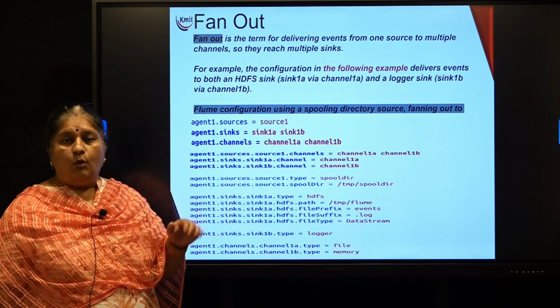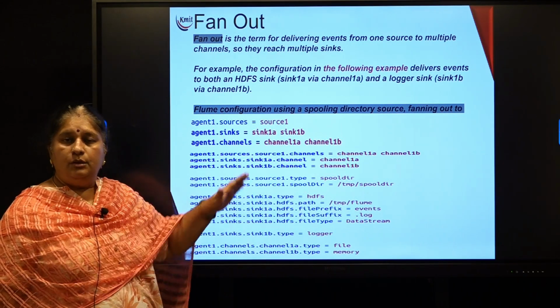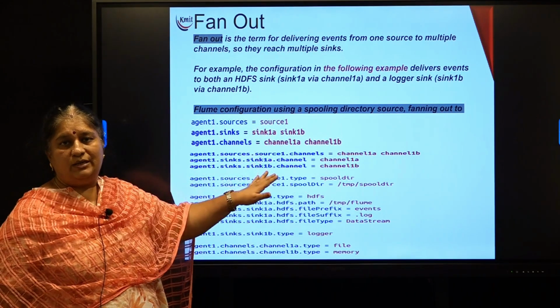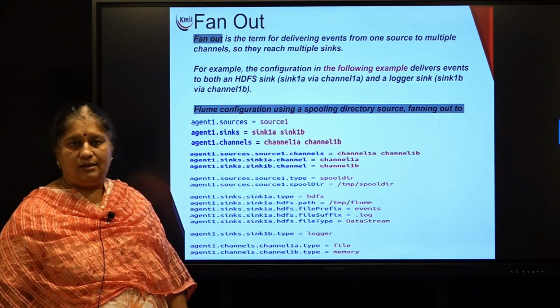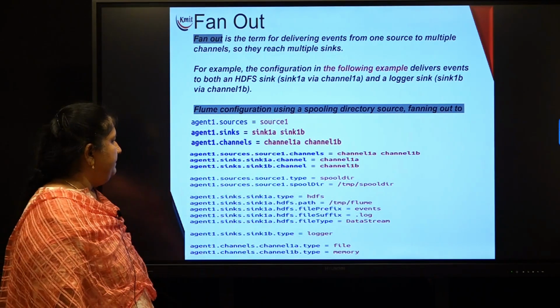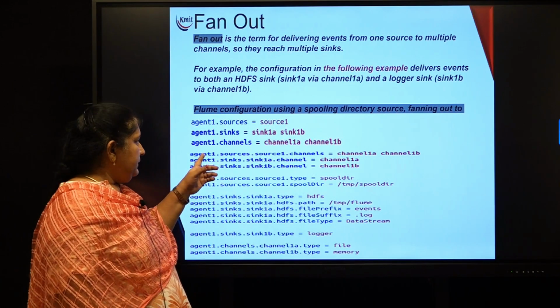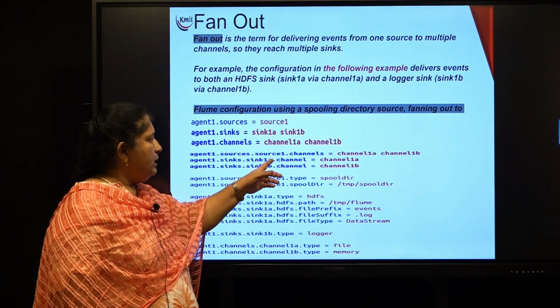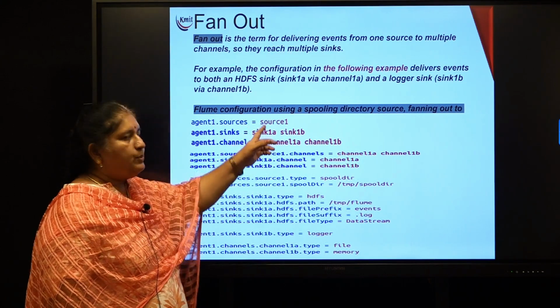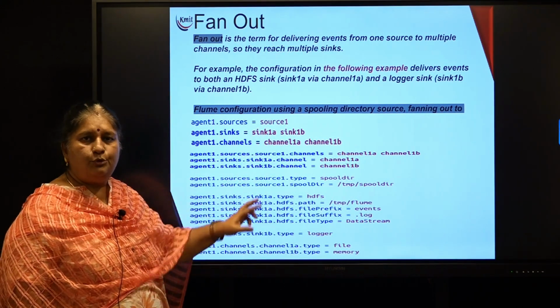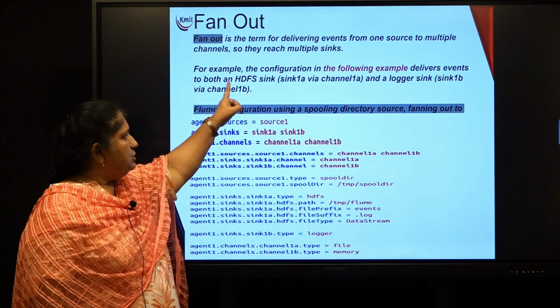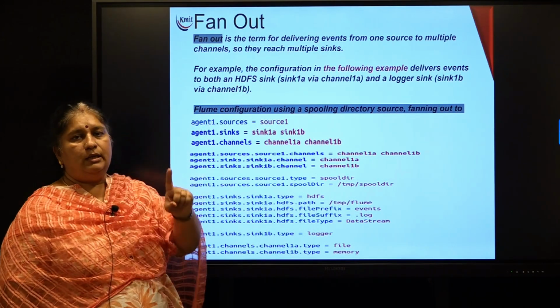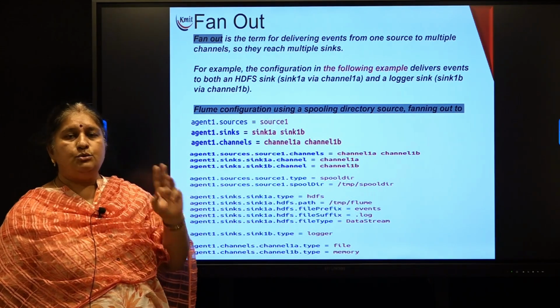What is the degree of fan out? You can specify how many channels and how many sinks there are. Similarly, agent1.sources.source1.channels. So source1 is connected to how many channels? Both the channels, because you are talking about a scenario with a single source, two channels, and two sinks.